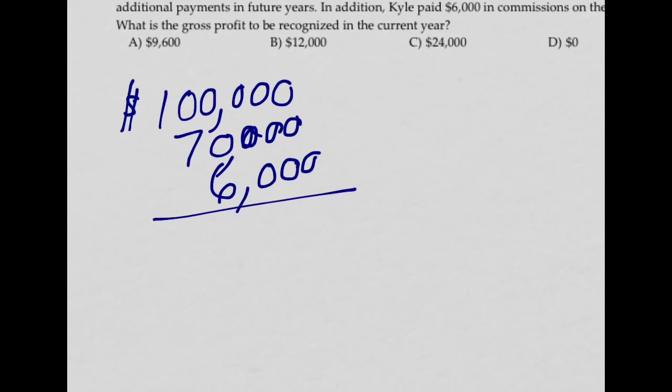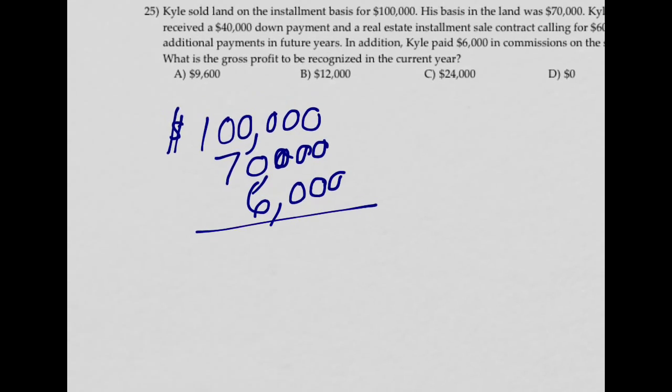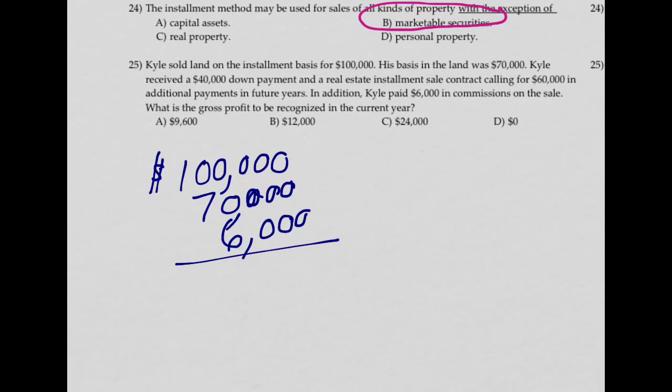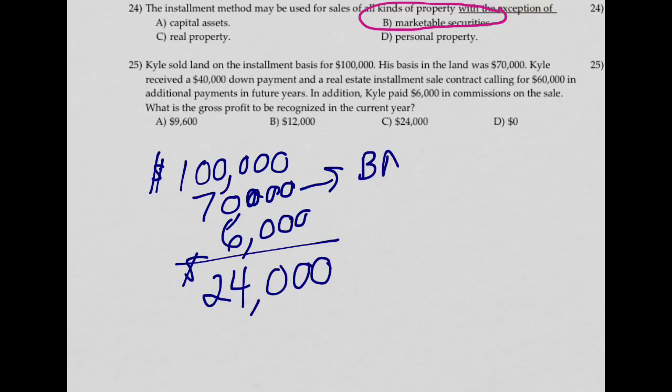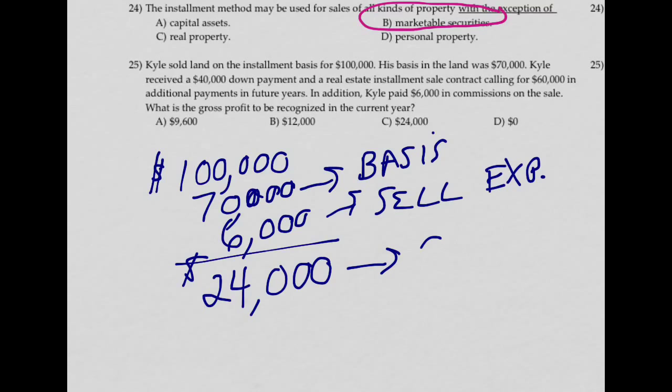So the gain on this sale would be $24,000. That's going to be a gain. This is basis, adjusted tax cost basis. This is the selling expense. And this is the gross profit.